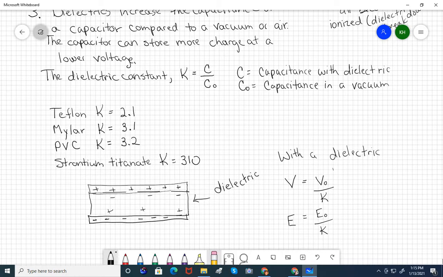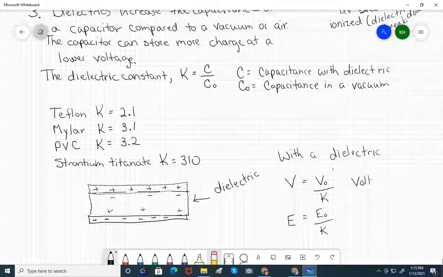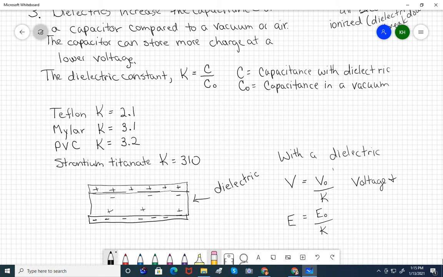So the voltage and electric field strength are both reduced by a factor of K.